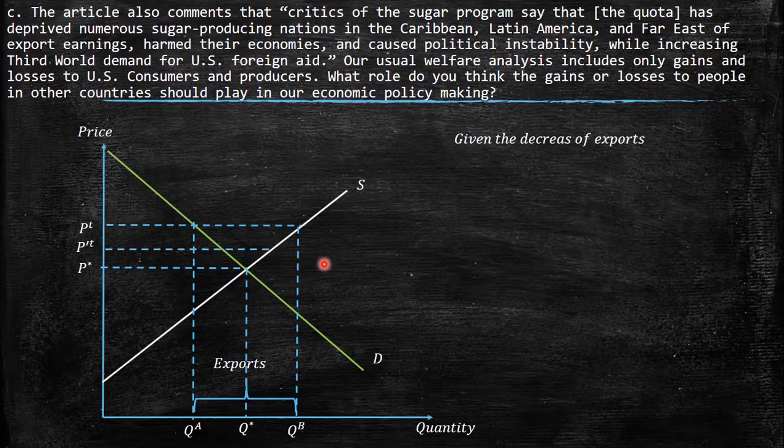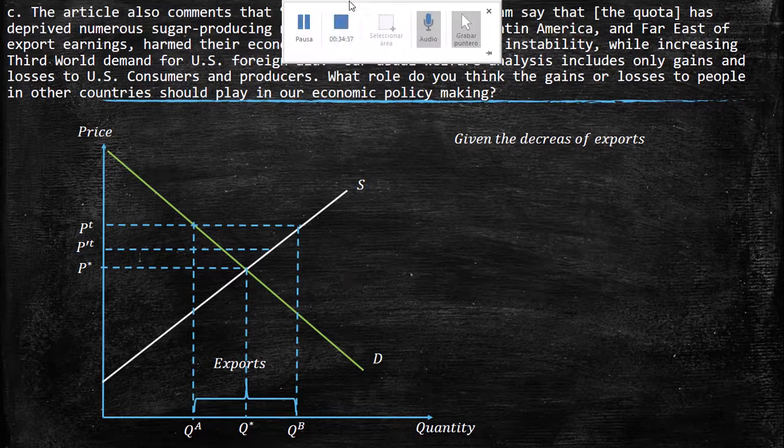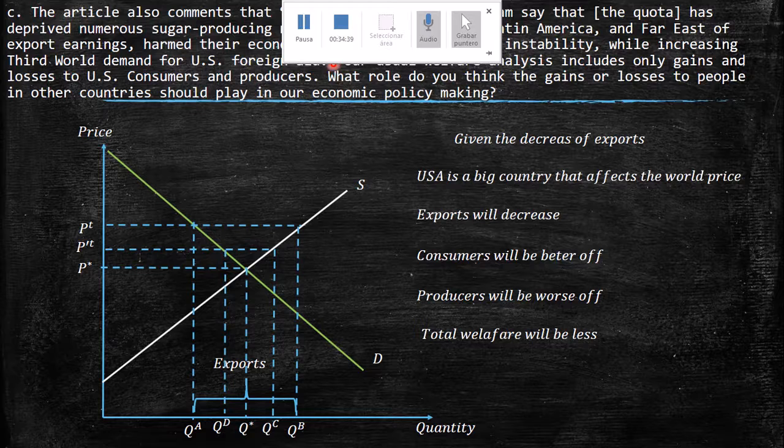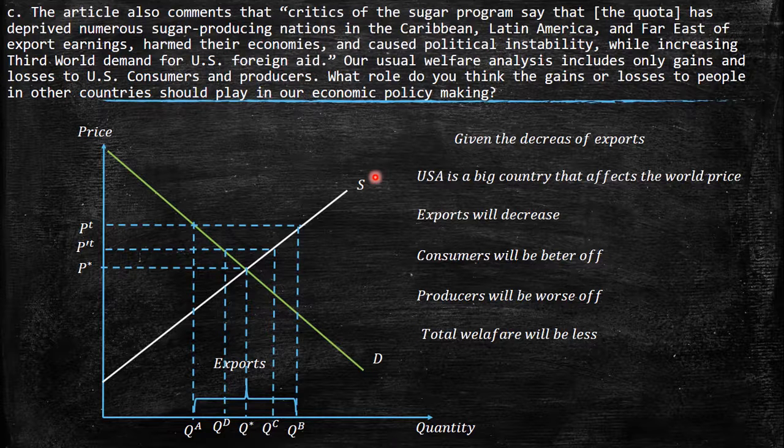This was the position that we had before. The important thing in the analysis is that the US is a big country, so given the quota, it affects the prices.